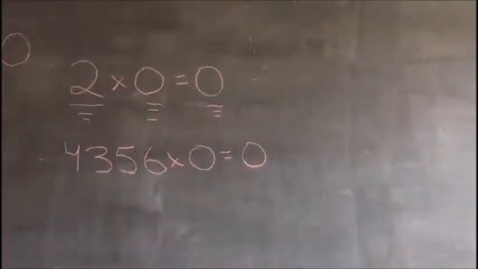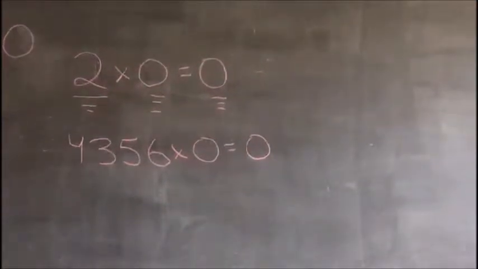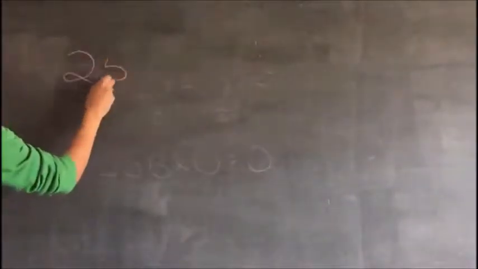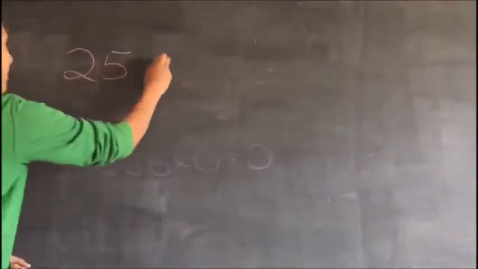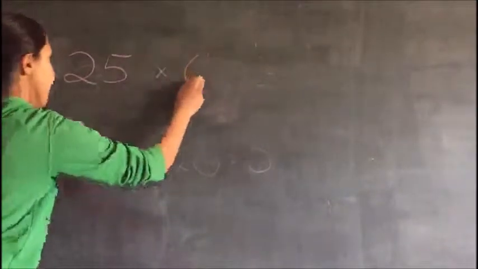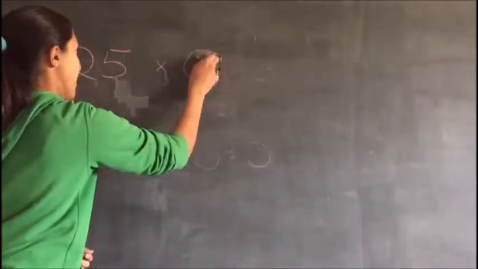So, now that we have the zero rule down, here's another easy way you can remember this rule. You can think of it as 25, or however many numbers you have on this side, are fighting against 0, or the Cookie Monster.